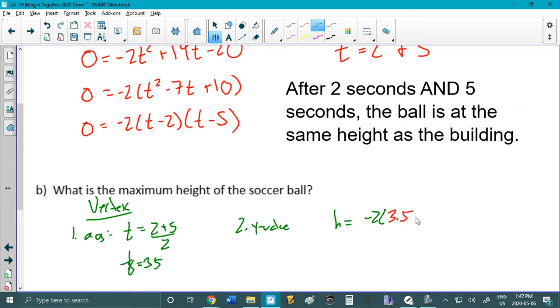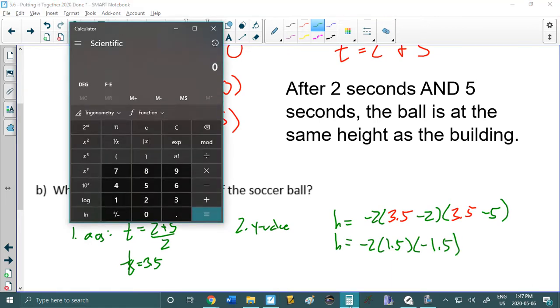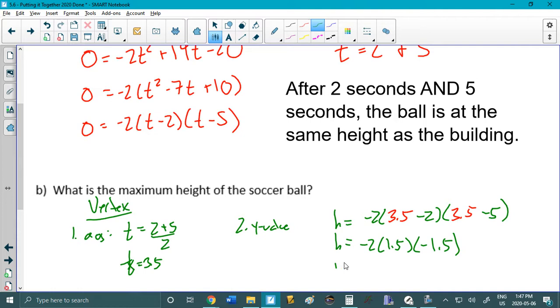I'm using the factored form, because remember, if done correctly, the factored form will actually show us whether we're correct or not. So h equals negative 2 times 1.5 times negative 1.5, so that checks out. 2 times 1.5 times 1.5 is 4.5. So h equals 4.5.